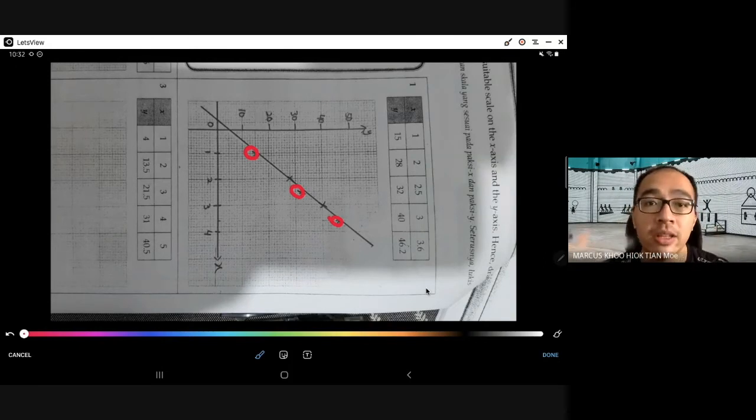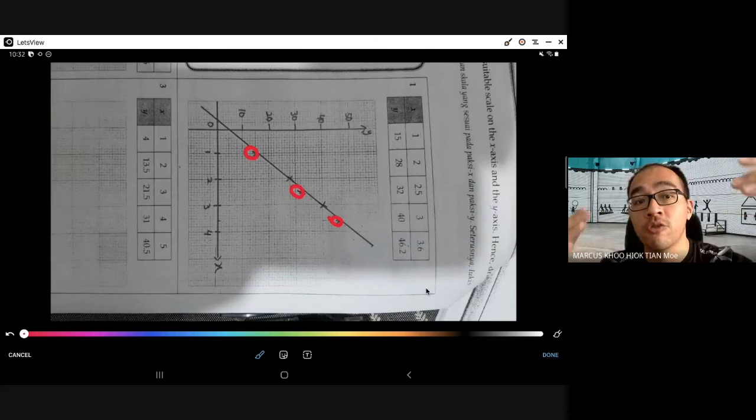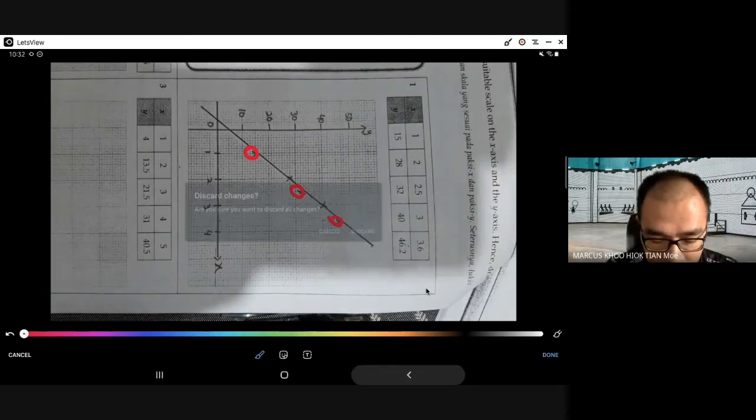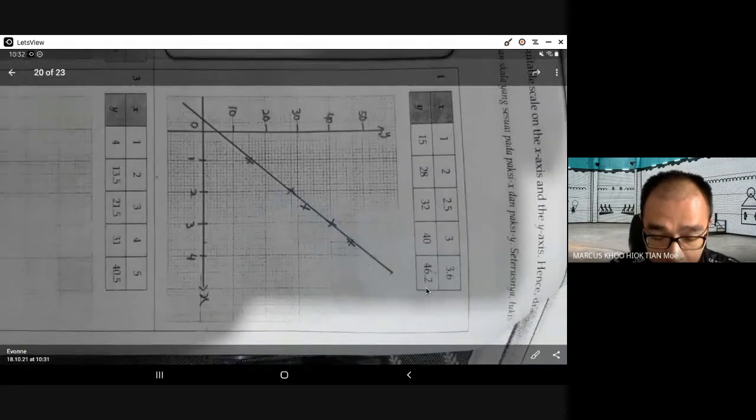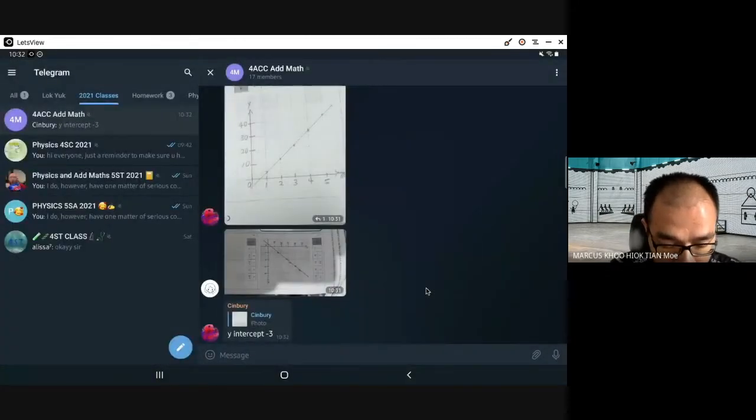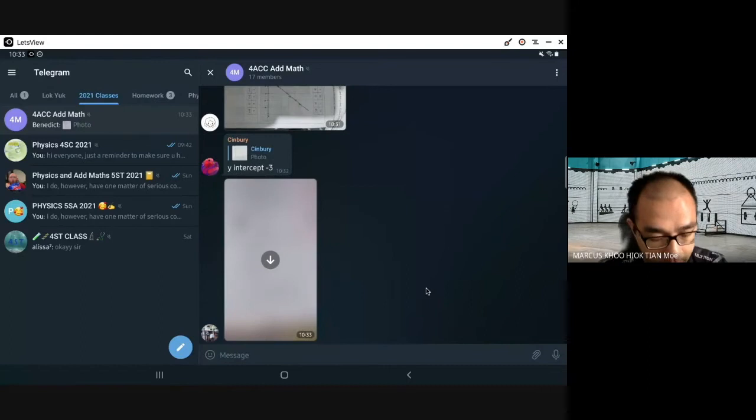So this is not considered best fit. Best fit is you must have balance. If you have 3 points that don't touch the line, 2 on one side, 1 on the other side. You cannot have 3 on the same side. Can you try again, please? Good try. The y-intercept is -3. Mark it down there.